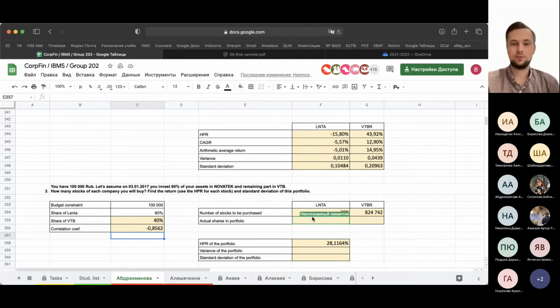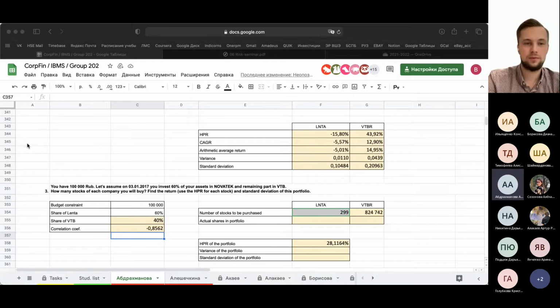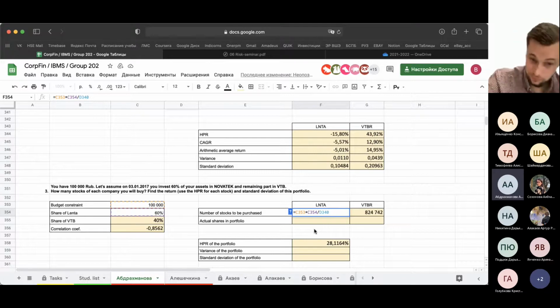Welcome. Okay, so how to calculate the number of stocks to be purchased? Well, firstly, I found out what our budget for Lenta is separately, multiplying the budget by the share of Lenta, and I divided it by the price, the final price, which we see on the 3rd of December 2021.